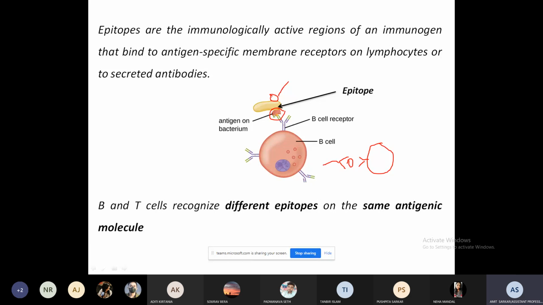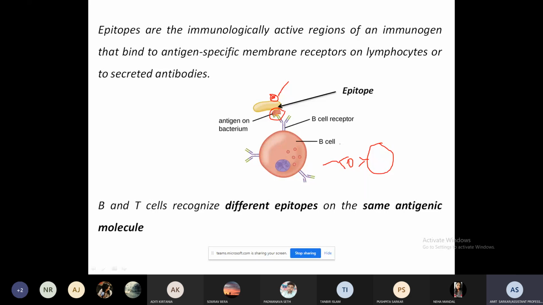So this entire bacterium will be internalized and fragmented into small pieces, and all those pieces will be presented to the T cell, and the T cell will recognize one particular epitope. You can chop it into 100 fragments and present them one by one; the T cell will reject most of them, and will recognize only one particular epitope present over here.